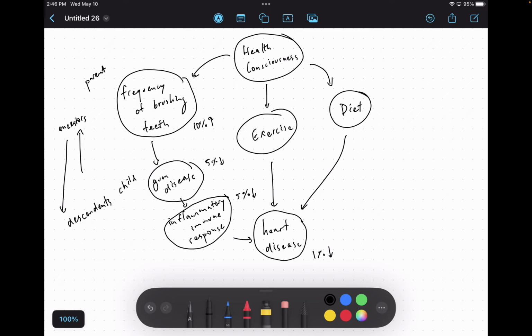So we understand this portion of the plot. So let's say you have heart disease is equal to beta 1 frequency of brushing teeth plus beta 2 exercise plus beta 3 diet.